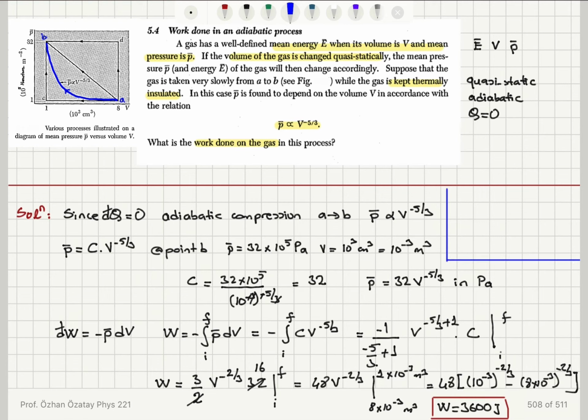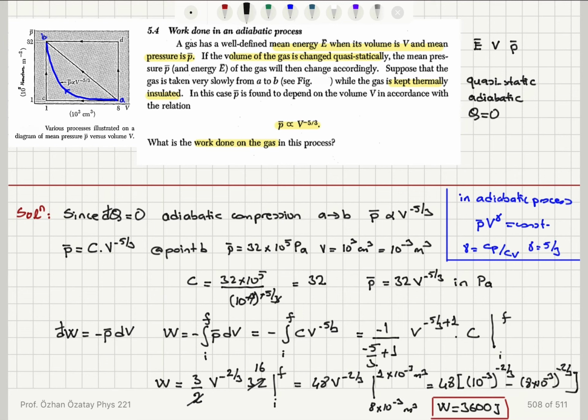In an adiabatic process, we have P bar V to gamma a constant, and gamma is the ratio Cp over Cv, molar specific heat at constant pressure and molar specific heat at constant volume. So P bar V to 5 over 3 is a constant here. So gamma is equal to, in that case, 5 over 3.